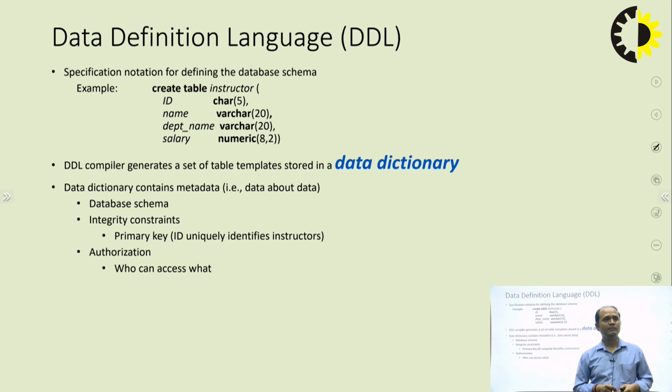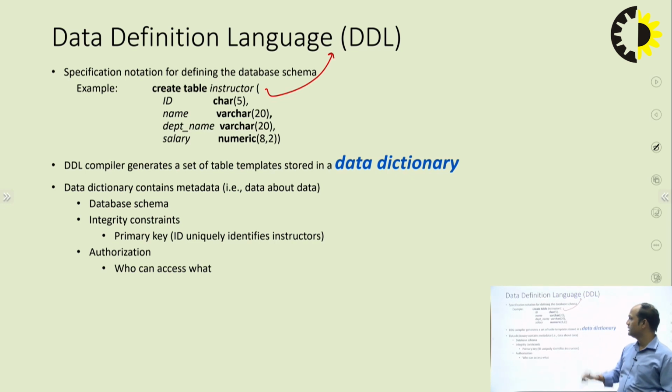For example, we can create table instructor, and define these attributes in the particular table. So create table comes under DDL commands. Creating the database schema is also a DDL command.